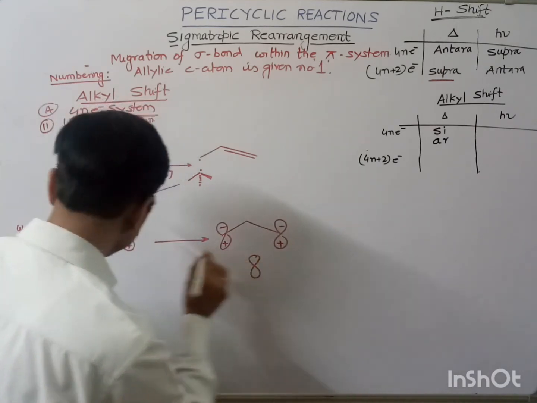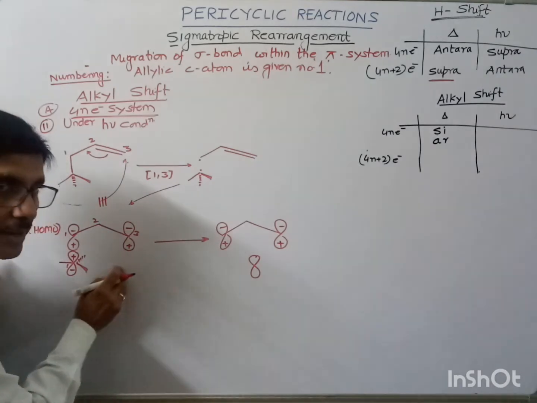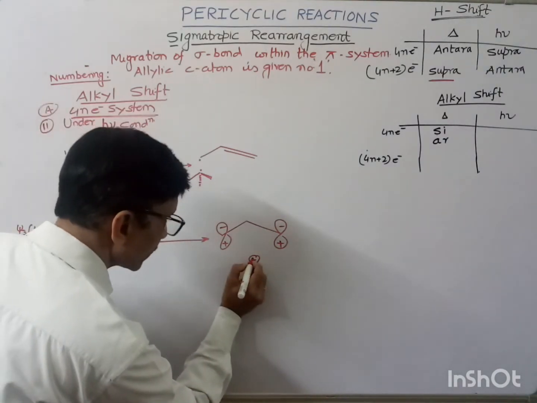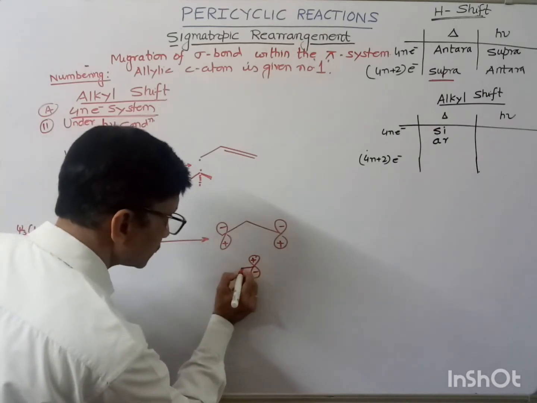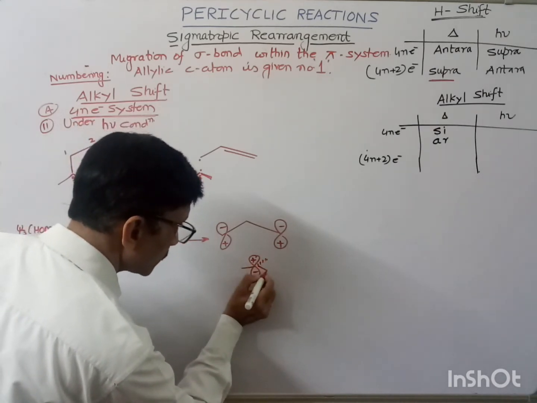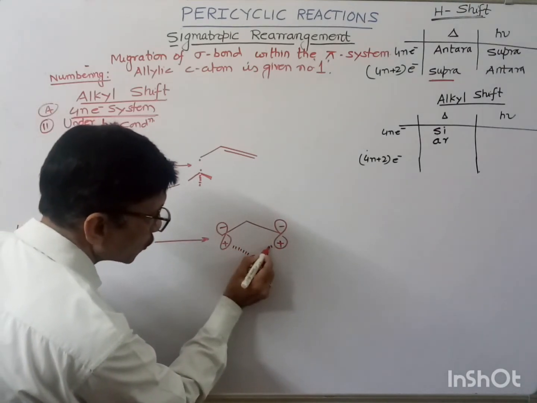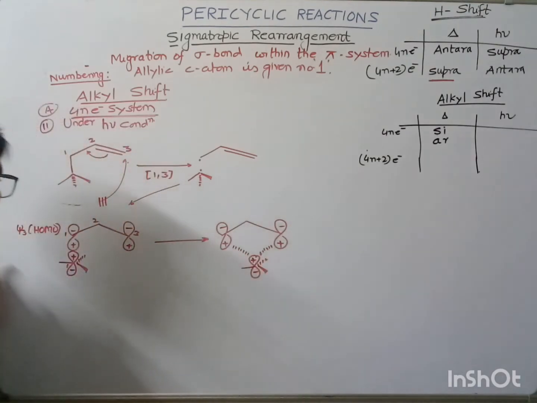We may show it this way. Suppose this bond breaks and it is going to form a bond with this lobe. So it can form a bond like this. Okay, so this interaction we can show, and this one interaction.